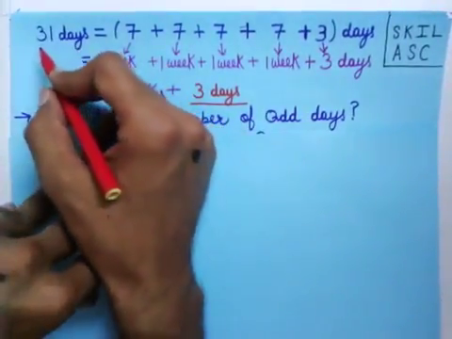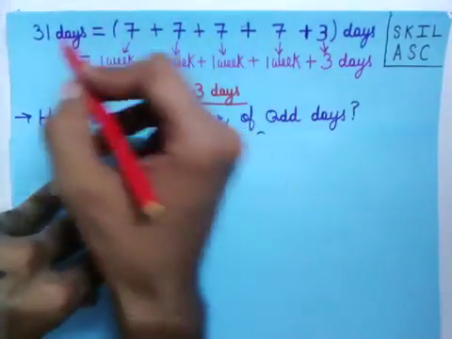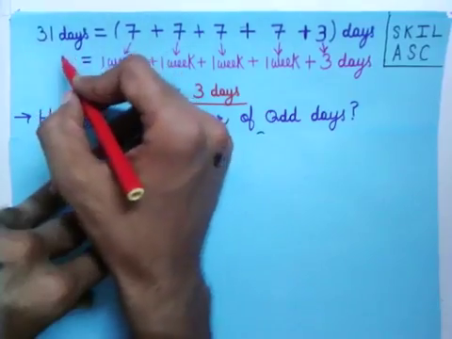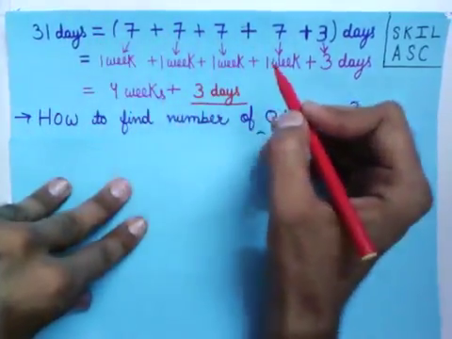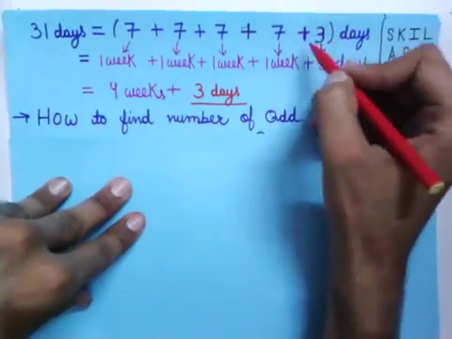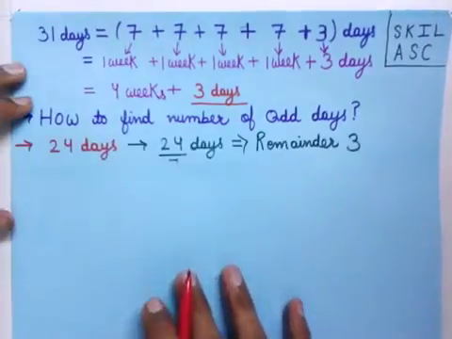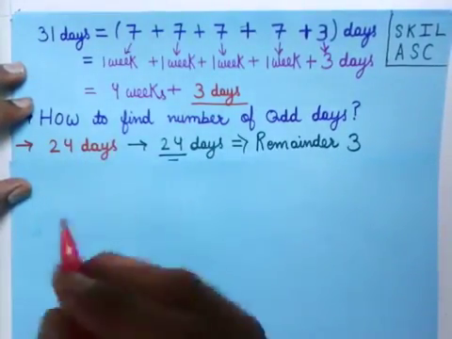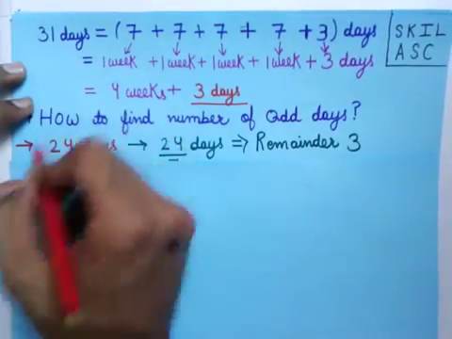What I'm trying to say is, if we divide the number of days by 7, or we can also say that if we divide the number of days by a week, then this week will cancel out all the weeks and will give us the number of odd days. So we take an example. Suppose we have 24 days and we need to find the number of odd days in these 24 days.